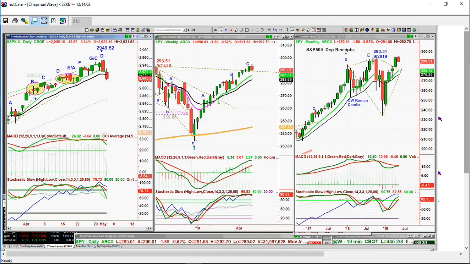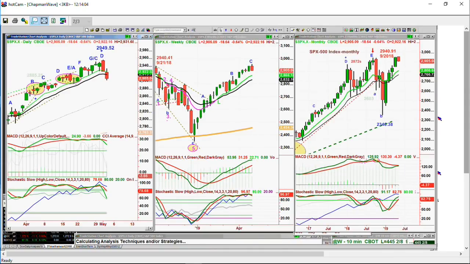Here we go. S&P 500, 2949.52 was the high yesterday. Intraday, very sharp reversal. First ugly, really ugly candle that we've had in a very long time, since I think early March, mid-March. Now look at this. We're under the 14. We're under the black lines of 14. The 9 period is the green line. We're decisively under that.